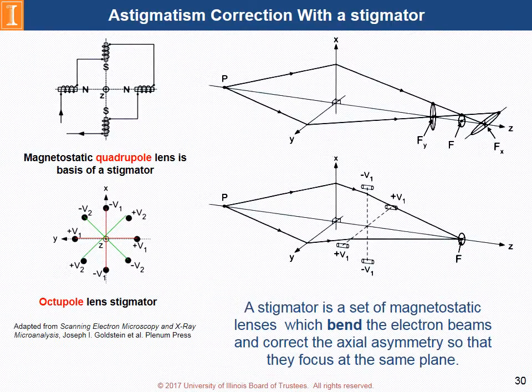Astigmatism can be corrected by stigmators, which are sets of magnetostatic lenses. Stigmator helps to bend the electron beams so that they focus at the same plane. Assume these are the electron source, and in order to get high resolution imaging, we want a small probe.